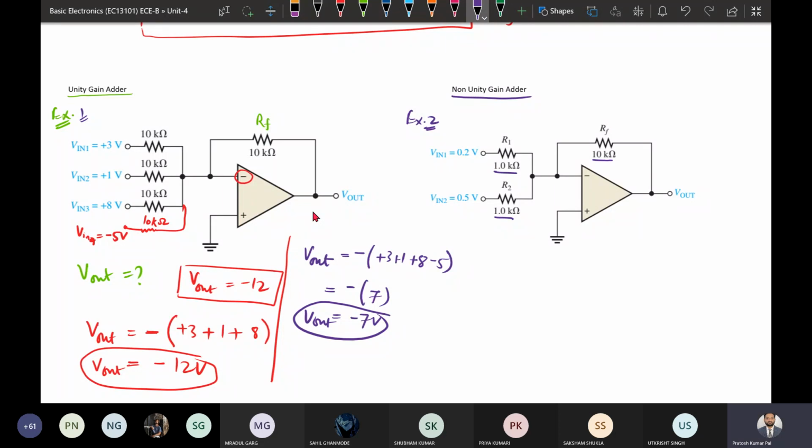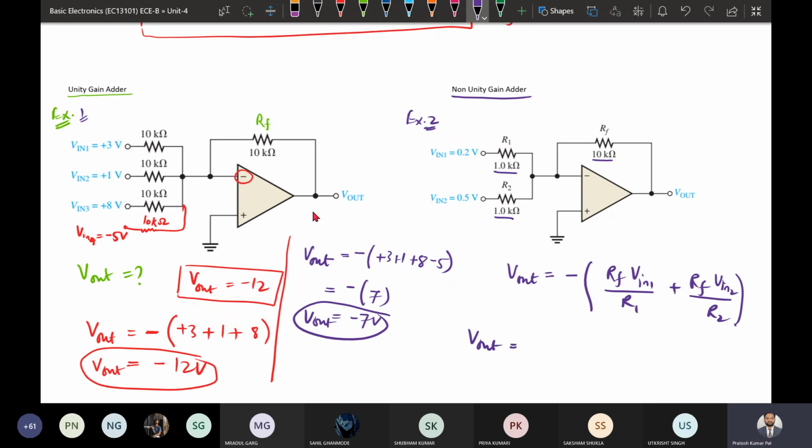In that case, if we want to find the output, we can just use the generalized or the actual expression. It is minus, RF times V input 1 divided by R1 plus RF times V input 2 divided by R2.